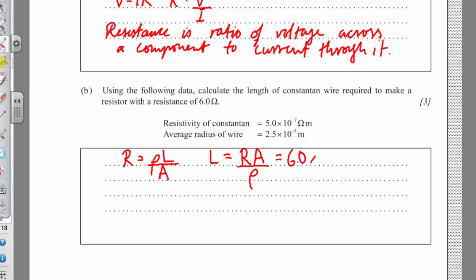which is 6.0 times A, which is pi times 2.5 times 10 to the negative 5 all squared, over rho, which is 5 times 10 to the negative 7. Where's my calculator? There it is.